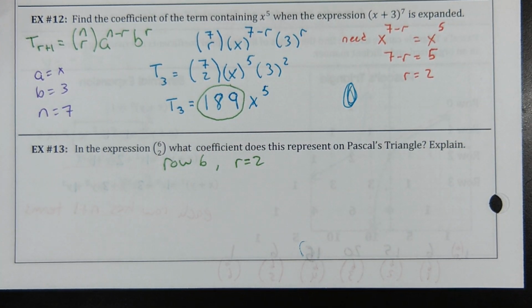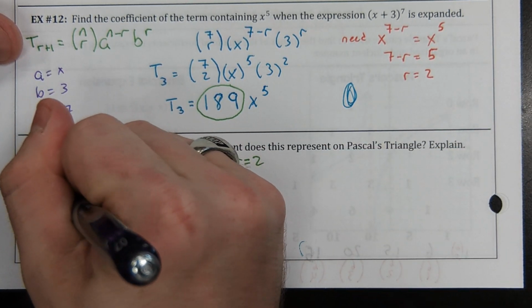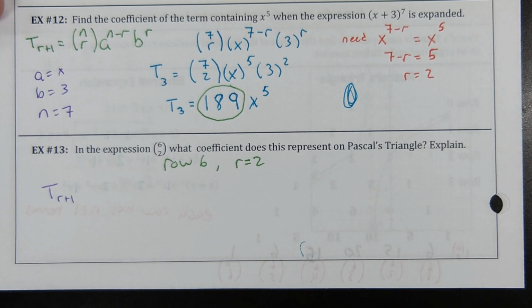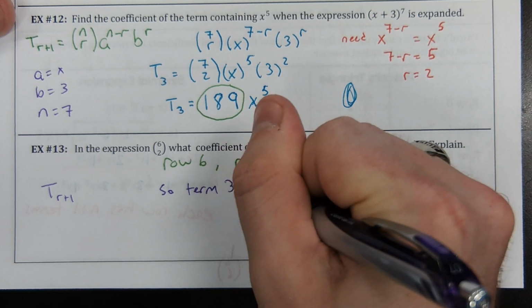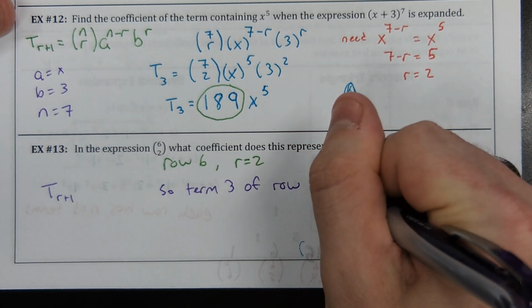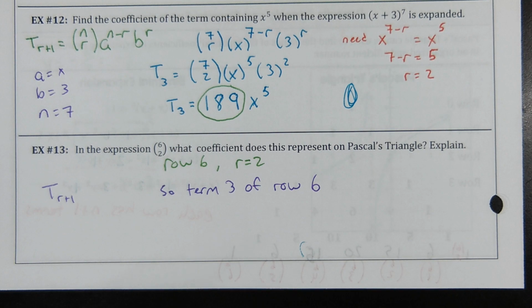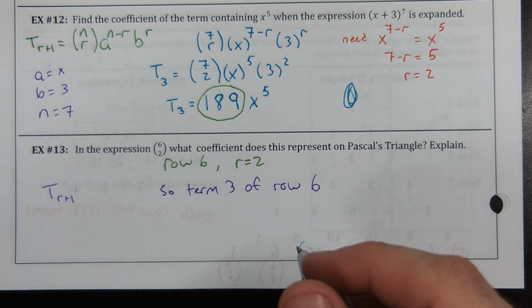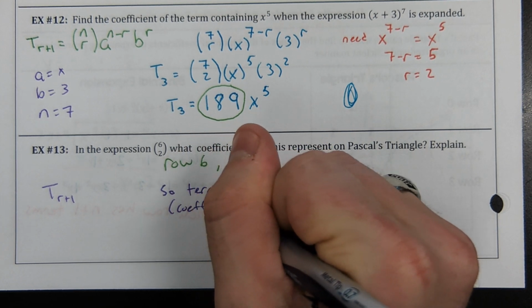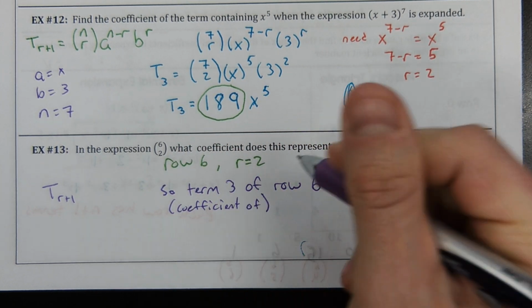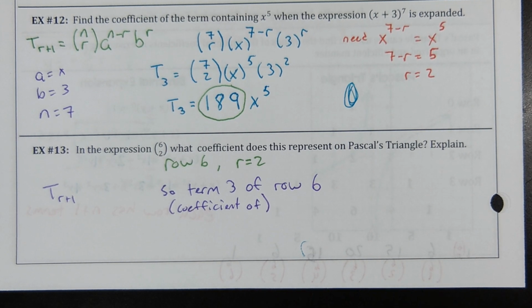Since our formula is T sub R plus 1, we're looking at term 3. That's what that represents. I forgot to write the words coefficient of. There. It's the coefficient of term 3 in row 6. That's what that means. And that's all the explanation you need.